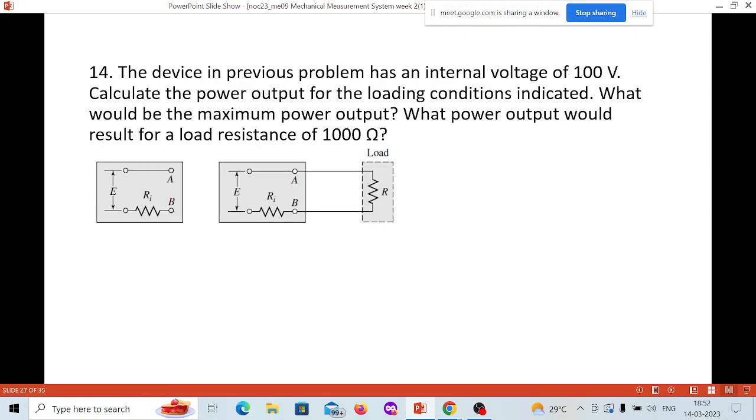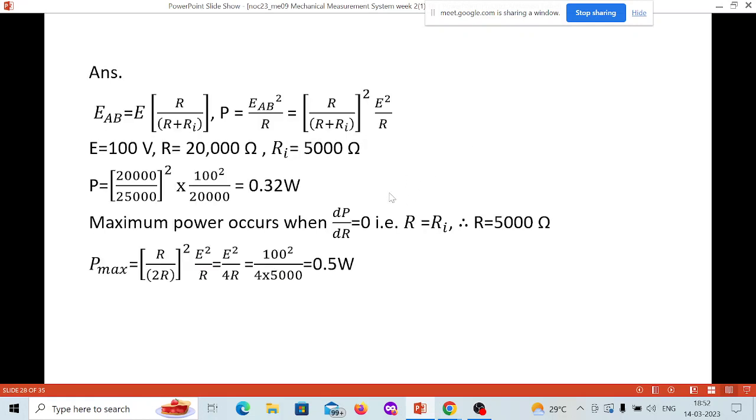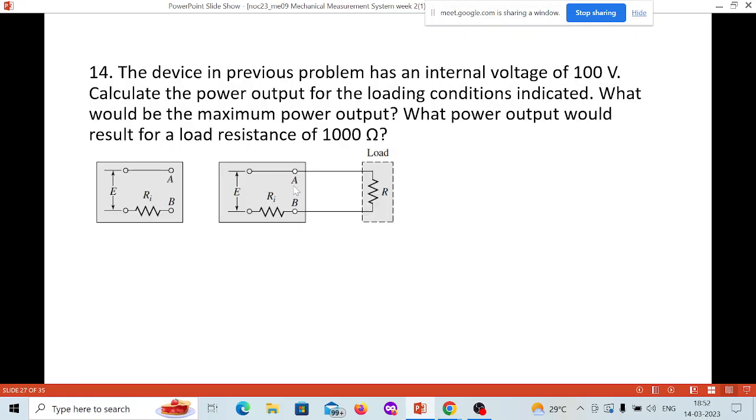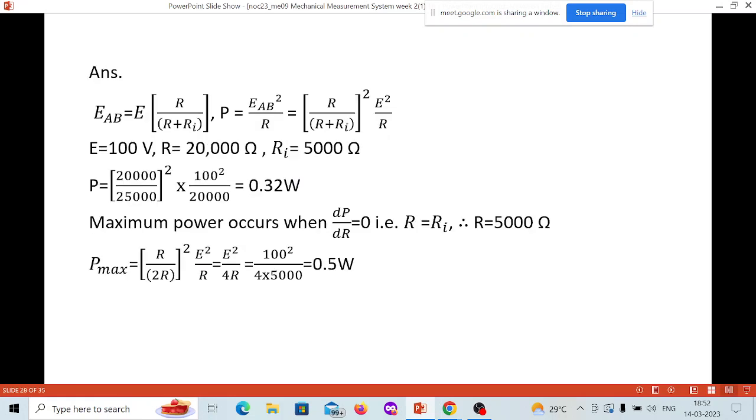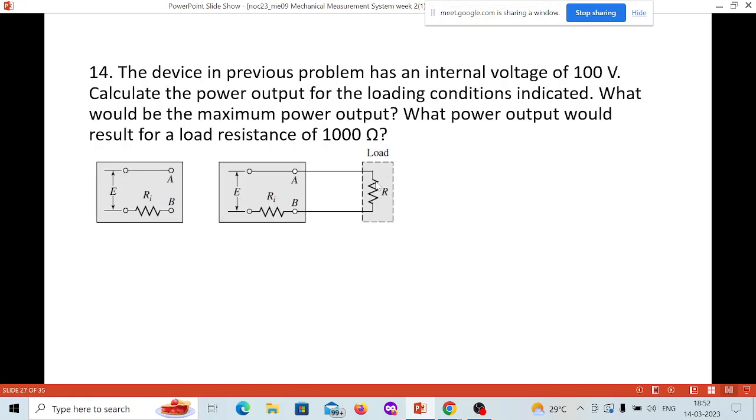So for the present case of internal resistance of 5,000 and load of 20,000, we have a power output of 0.32 watts. And the next question is, what would be the maximum power output, the maximum power that can be transmitted. That can only happen when power is at the maximum, and we can change the load.